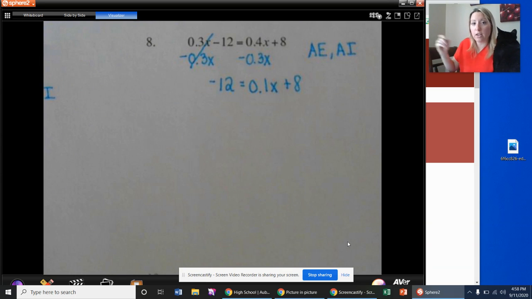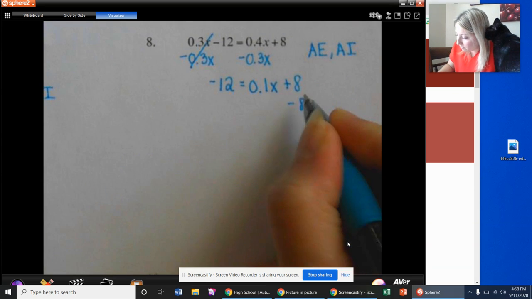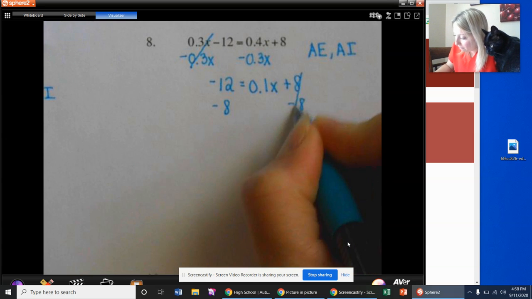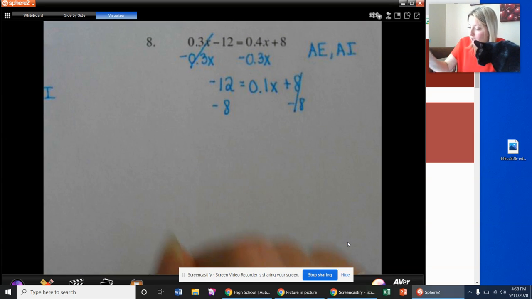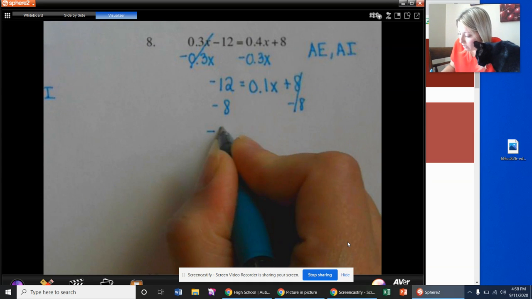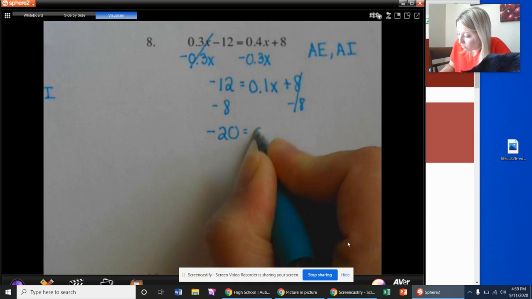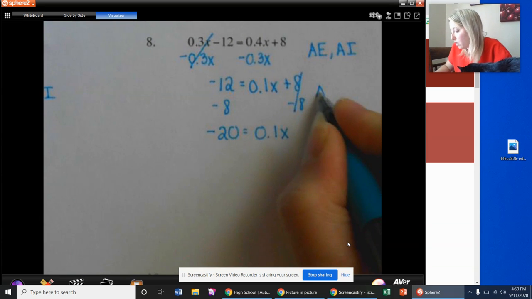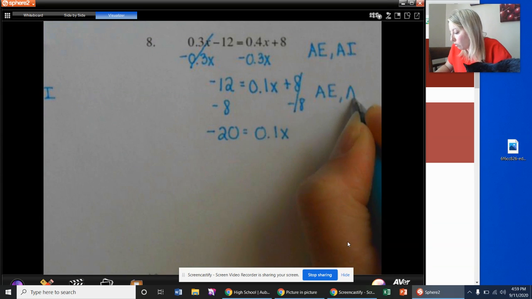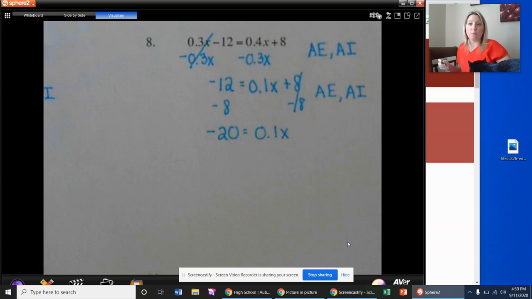The opposite of a positive 8 is a negative 8, so let's subtract it. 8 minus 8 cancels out to a 0. And negative 12 minus 8 over here is a negative 20. So bring all this down, right? So we just use the additive inverse and the addition property of equality twice in a row. All right, that's what we were just doing.